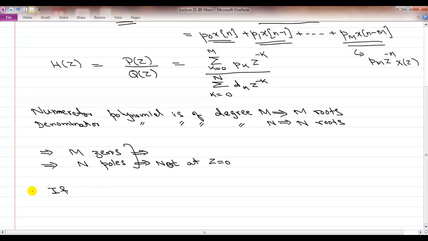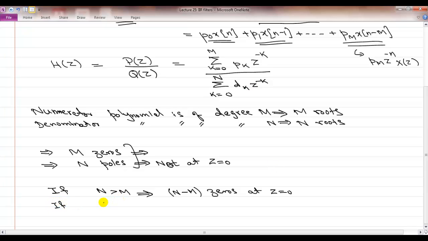So here the cases you get is if N is bigger than M, then you also get N minus M zeros at z equal to 0, which means that if the degree of the denominator polynomial is bigger than the degree of the numerator polynomial, then you get some additional zeros.